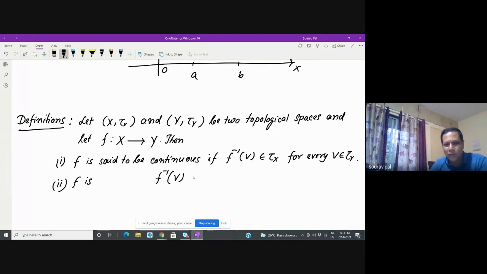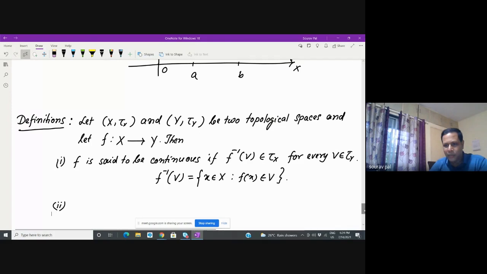This is just a notation. It means all such points x from X such that f(x) belongs to V.